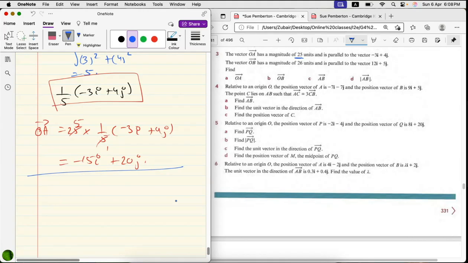Try B part. Find the magnitude of 12, 5, then divide by the magnitude, and then multiply it with 26. B part, right?